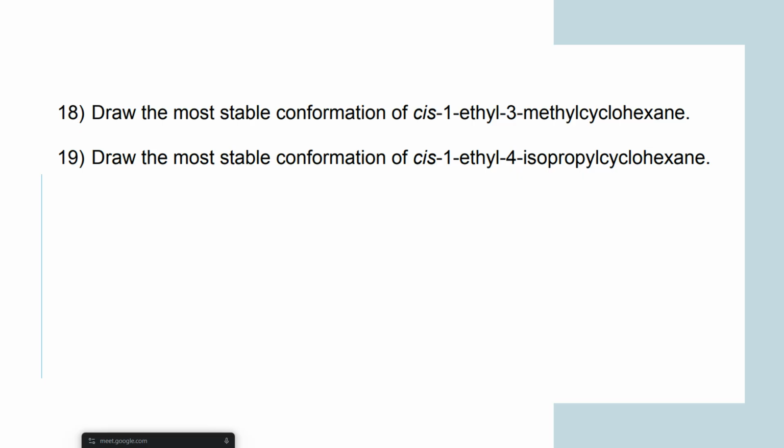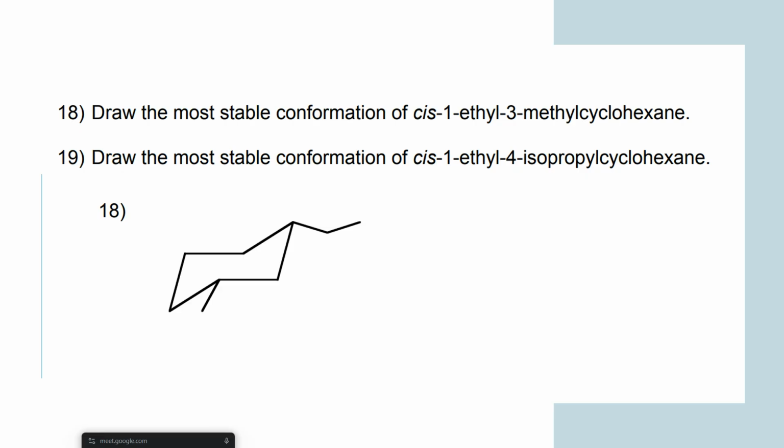So if in any case we have to put one substituent in axial position, it must be the smaller one. If we draw 1-ethyl 3-methyl cyclohexane, you will get to see a chair conformation of this type, and since it is mentioning cis, both the substituents will be placed in equatorial positions.